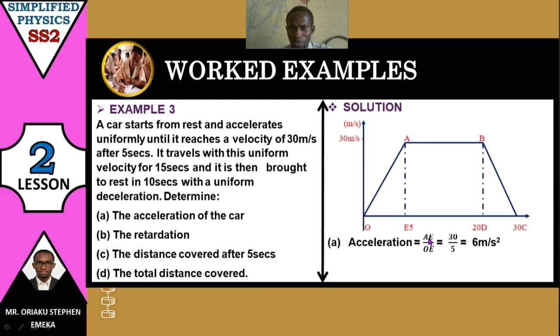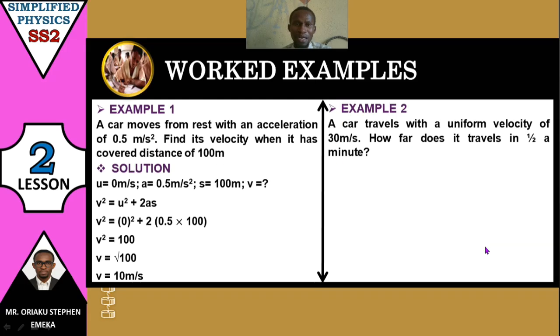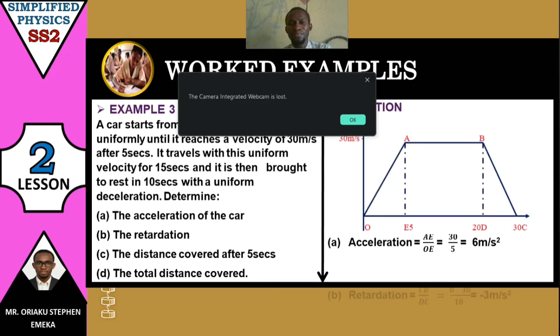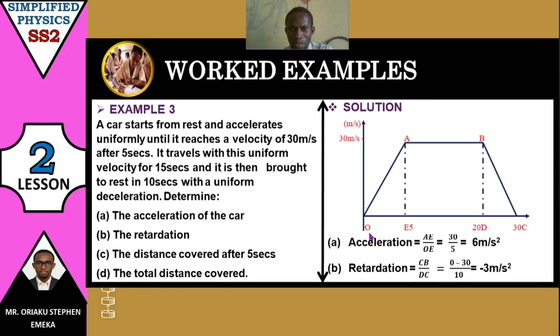So that's going to give us AE over OE. So this is going to give us 30, the height of this place, over 5, which gives us 6 meters per second squared.